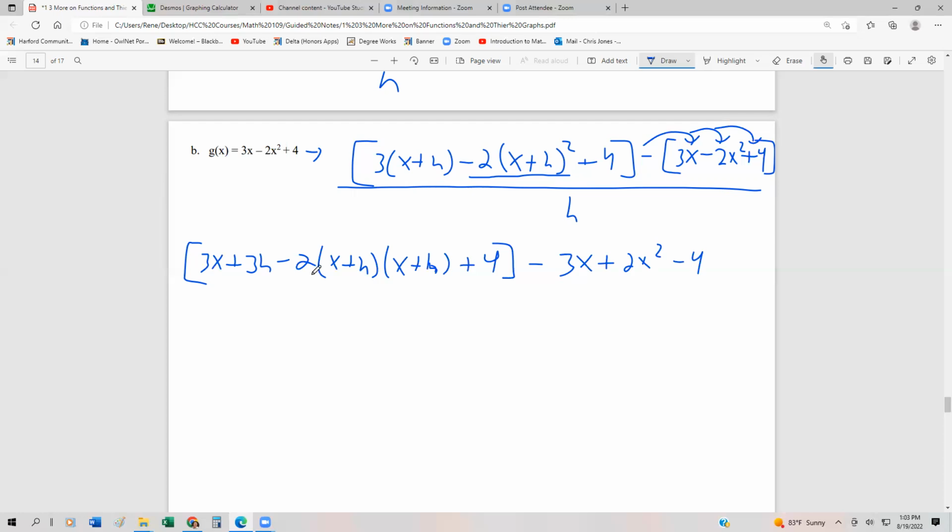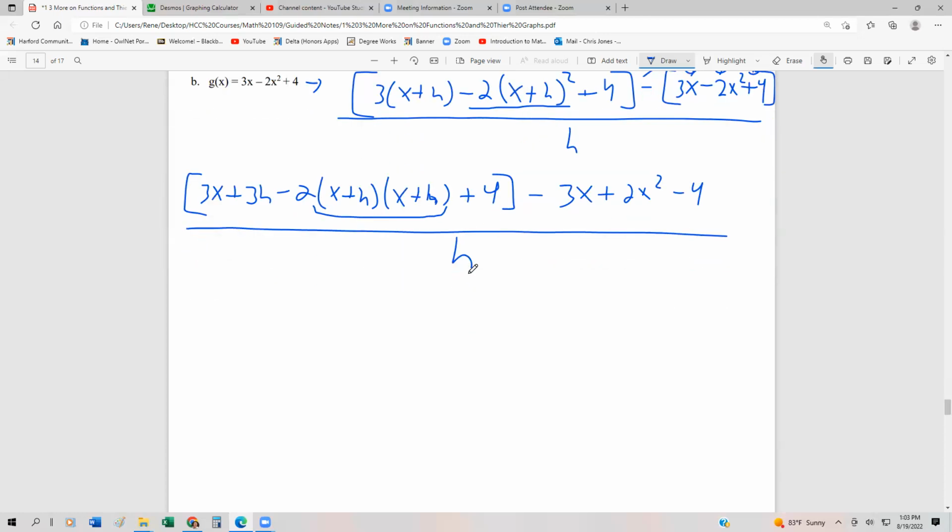Now I'm going to FOIL this. Okay, and we still are dividing all of this by h, so we can't forget that. And by the way, we can start canceling a few things. Okay, so notice that we have a 3x and a 3x, those are opposites. And we have a 4 and we have a negative 4. So those are opposites. We can cancel those out. And so now we're going to get 3h minus 2.